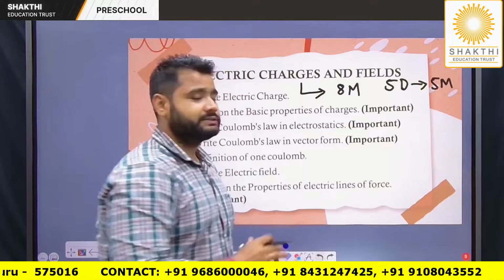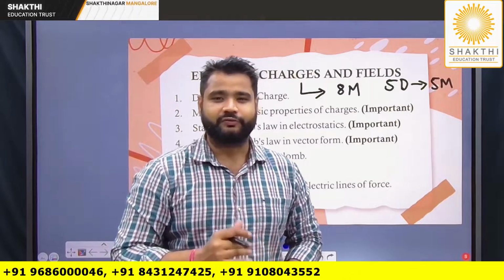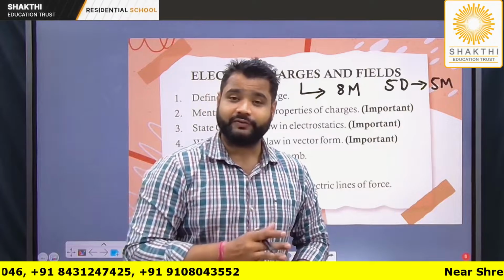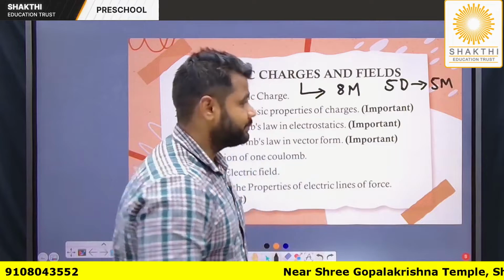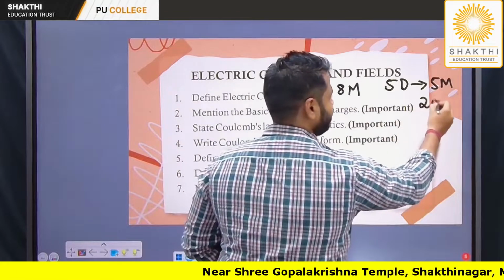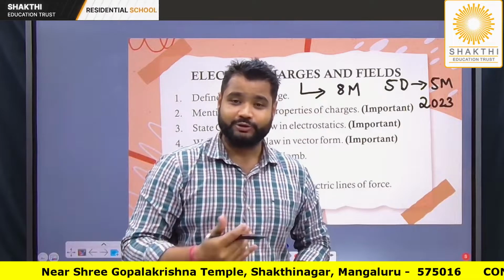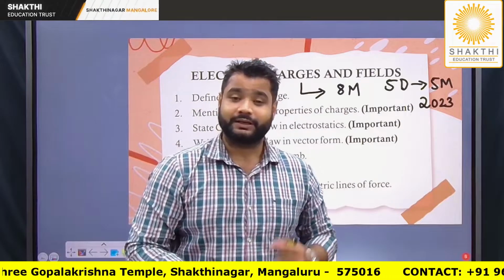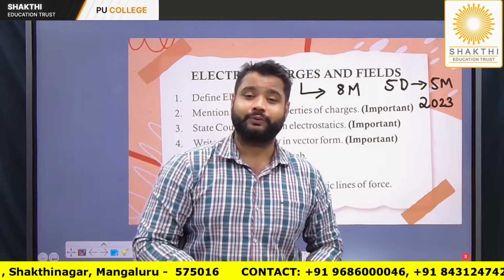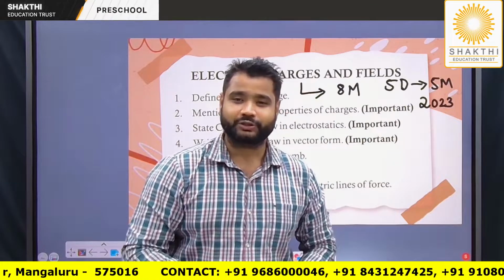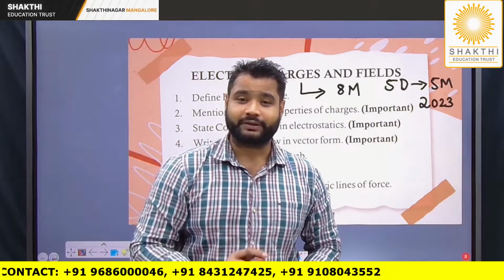So the chapter consists of 5 important derivations, and each derivation is of 5 marks. Out of the 5 derivations, any one derivation can appear in my annual examination 2023. So guys, I'm helping you predict the important questions that will come from this chapter. In 2023, when I'm writing my annual examination in the month of March or April, I can expect one derivation from this chapter for sure.